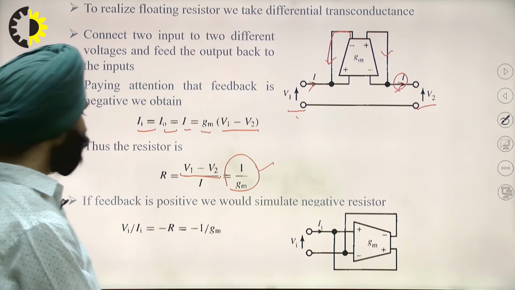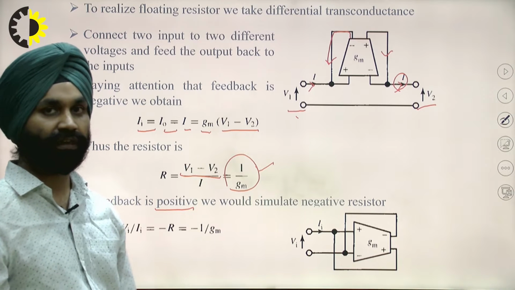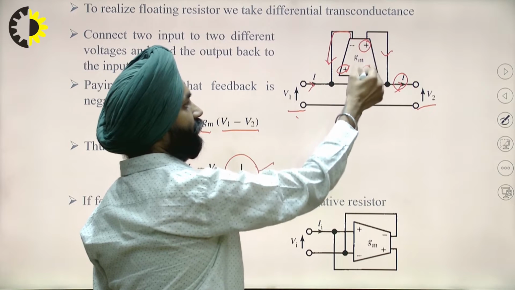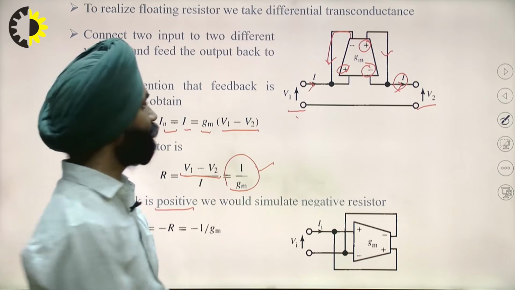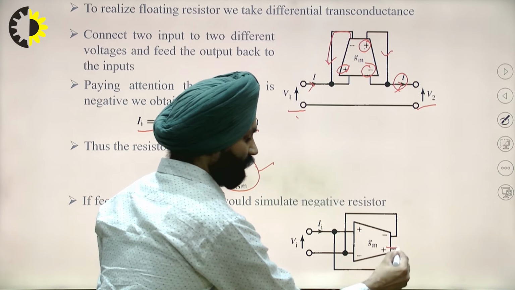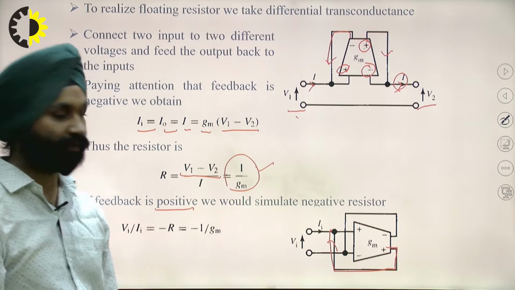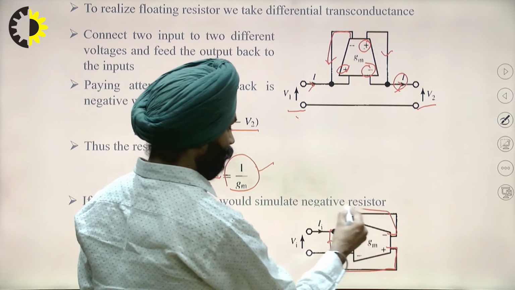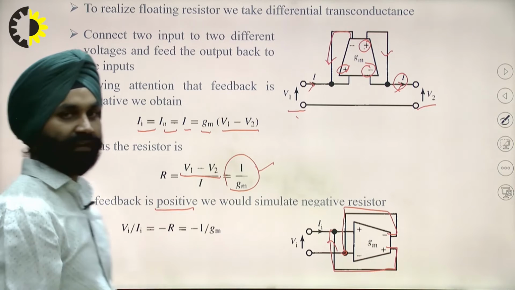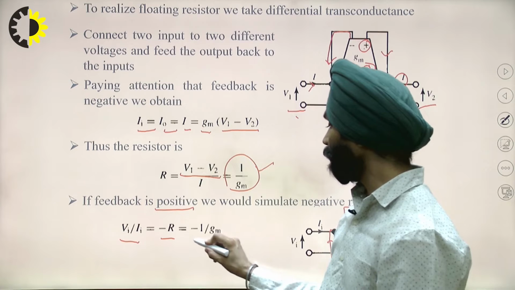Now if the feedback is positive, meaning here we were giving negative to the positive and positive to the negative, but if we give positive to the positive terminal such that the positive terminal is given to the positive input and negative to the negative input, then we can say that Vi by Ii is equal to negative of R, which will be minus 1 by Gm.